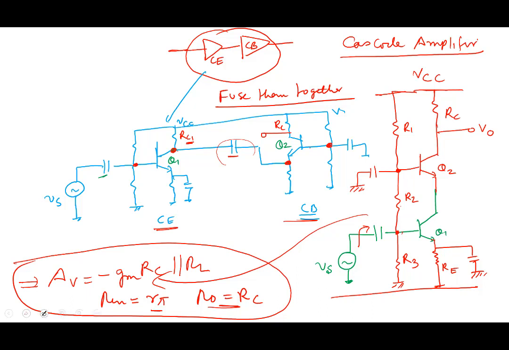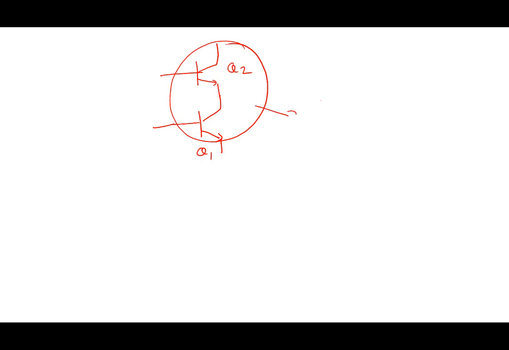Whenever you see a connection like this, at many places you will see a transistor Q1 and a transistor Q2, where the collector of this is connected to the emitter of this, we call this a cascode connection. The collector of this transistor, Q1, and the emitter of this transistor, Q2, are connected together.